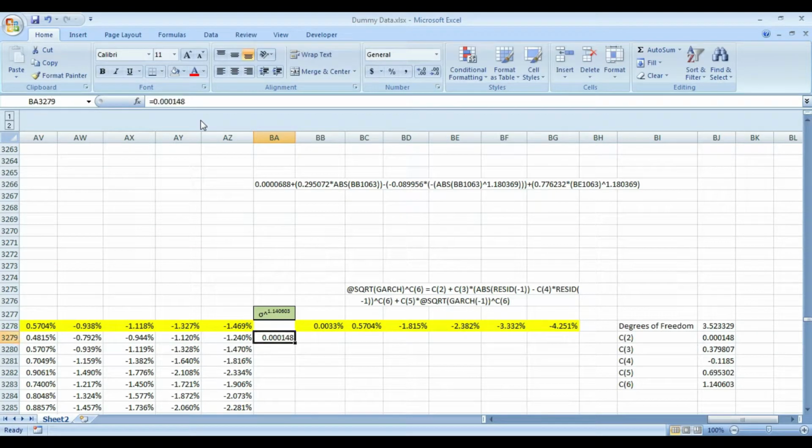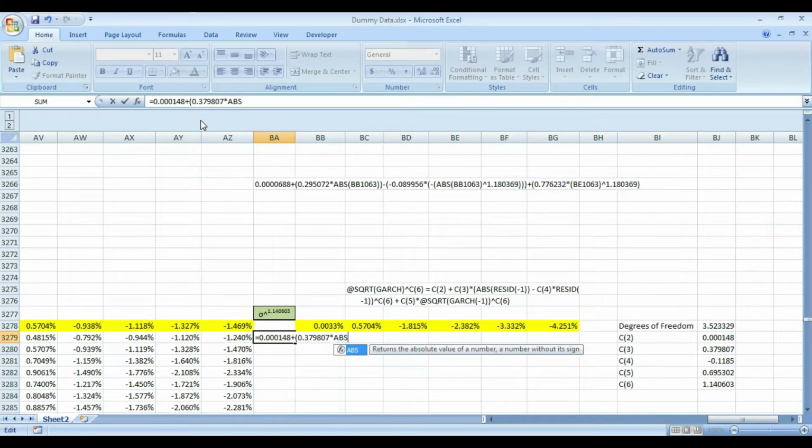Place an equal to sign over here. Then plus C3, plus of C3, let me put this in brackets, plus of C3 multiplied by absolute, then our residual to the point t minus 1.